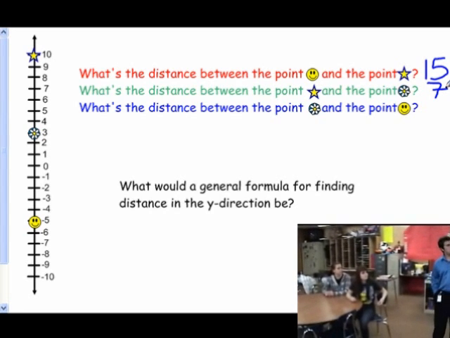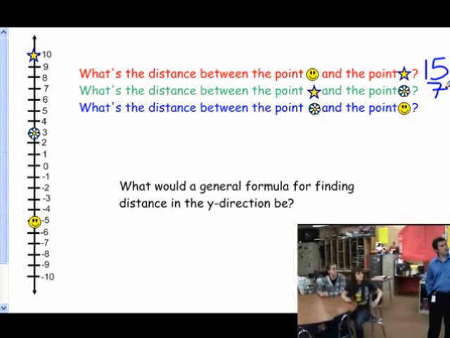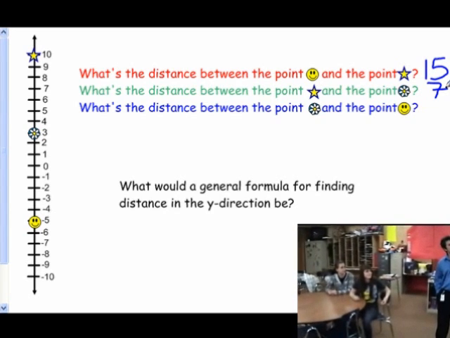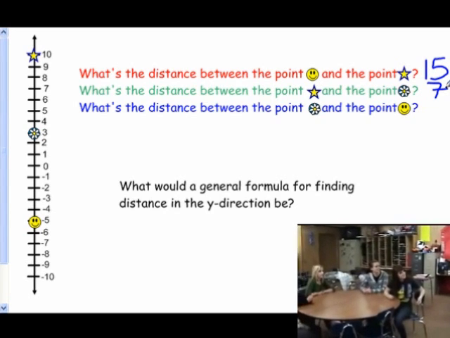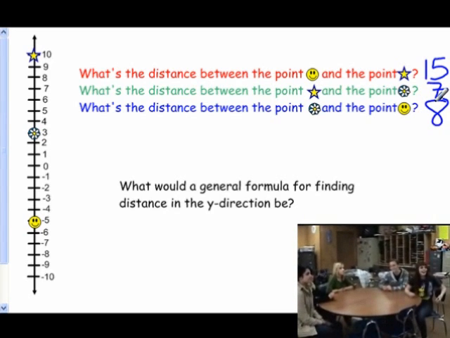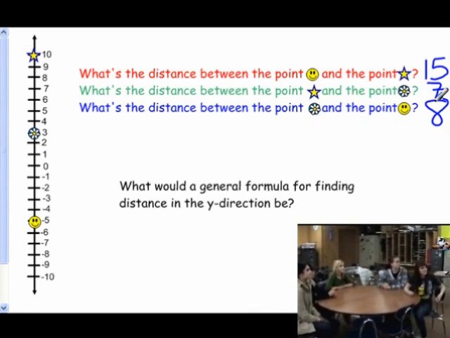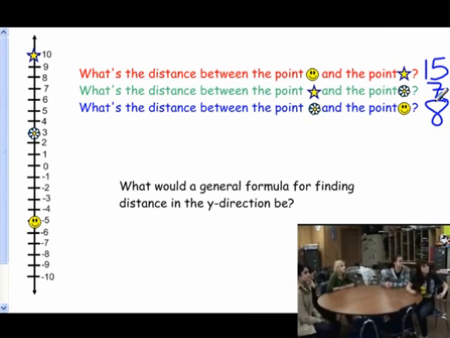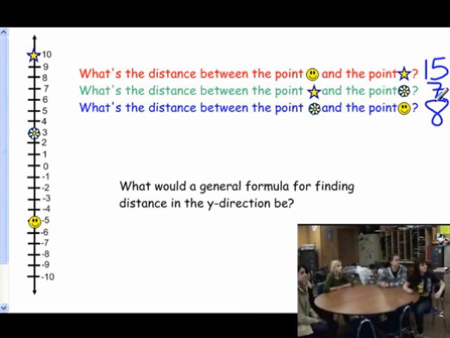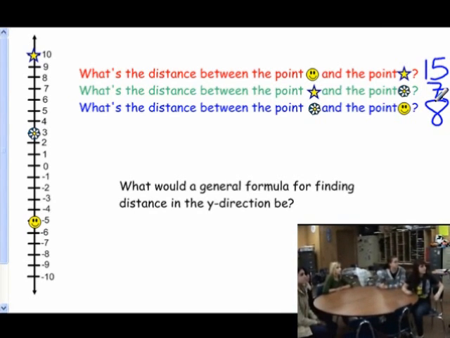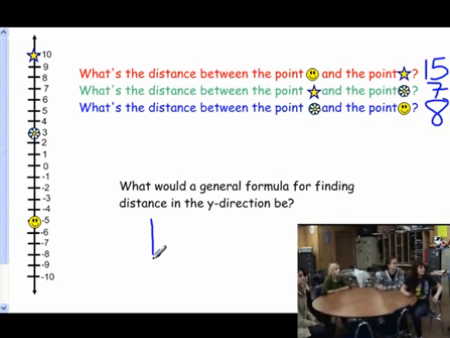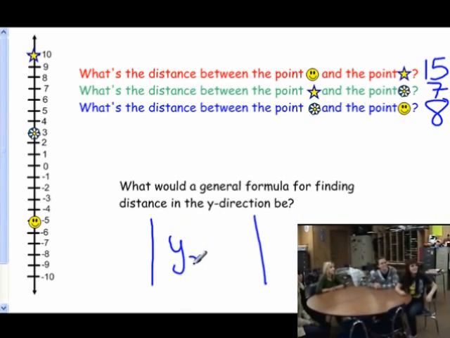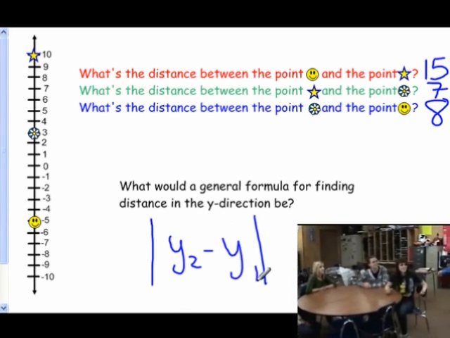What about star to the flower? Yeah. Okay, so you're still counting. You're still counting the idea, okay? And then that would mean that the flower and the smiley face would be 8. Why? Without even looking at the picture, why would this be 8? Good.